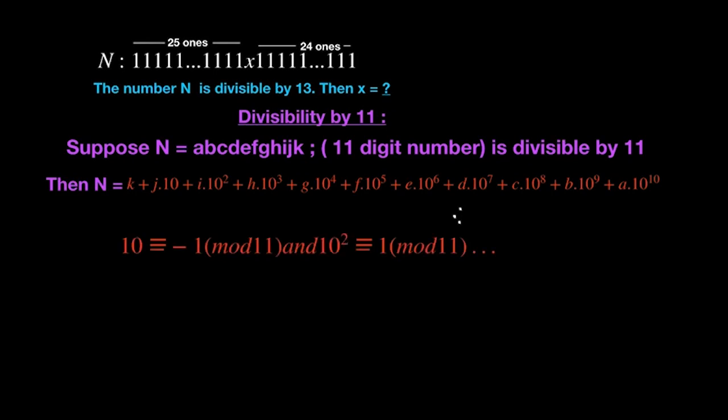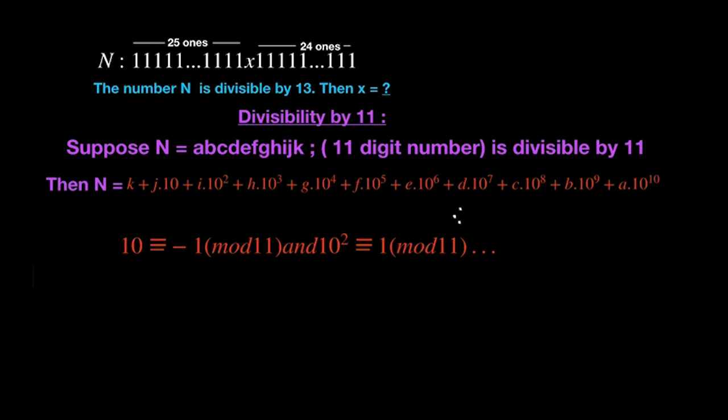Also in congruence we can write: 10 is congruent to minus 1 modulo 11. Here you see the remainder as -1, because when 10 is divided by 11, actually 10 will be the remainder, and we can also write the remainder 10 as -1.